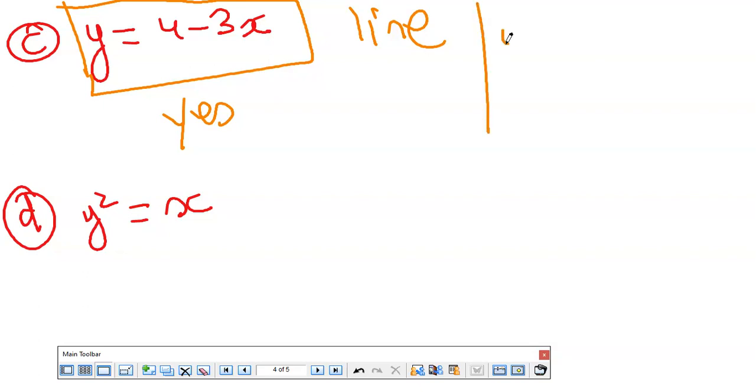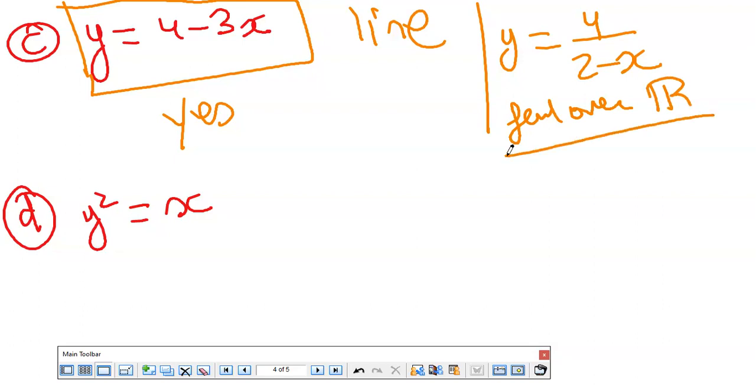If I give you, for example, y is equal to 4 over 2 minus x, is it a function over R? No, it's not, because x equal to 2 doesn't have an image.